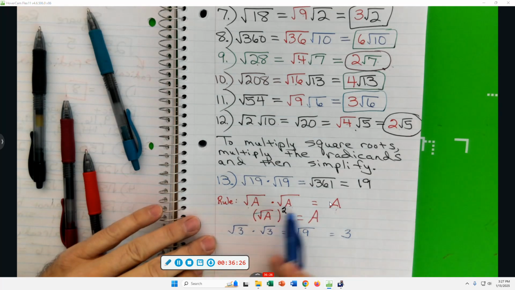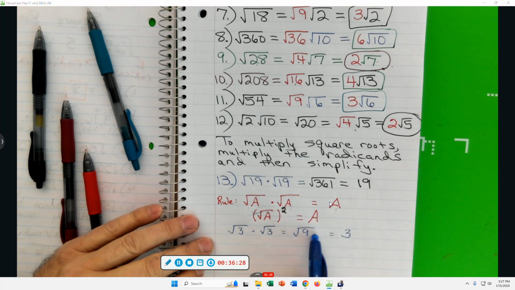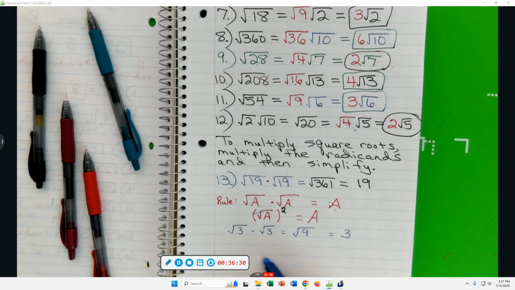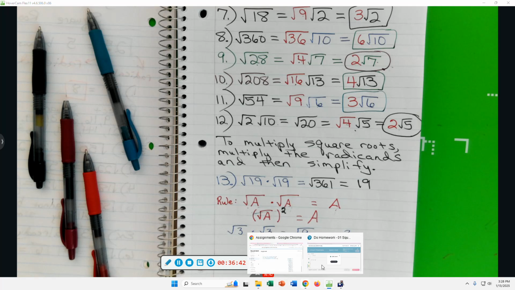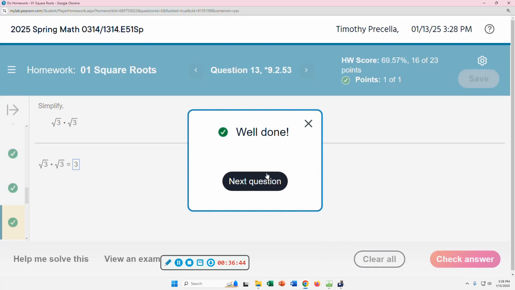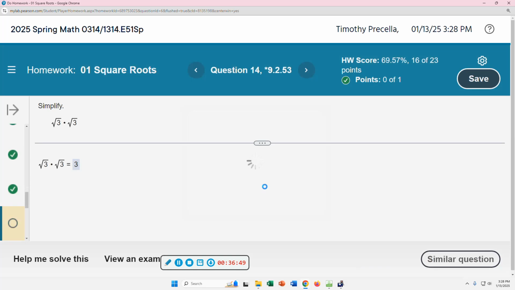So this little rule here just helps us skip that step. And you might think, well, that's not a hard step. But if the numbers are big, I didn't want to have to multiply, what was it, 31 times 31 a moment ago? Okay? So that rule is going to be important for the next class, on Wednesday.